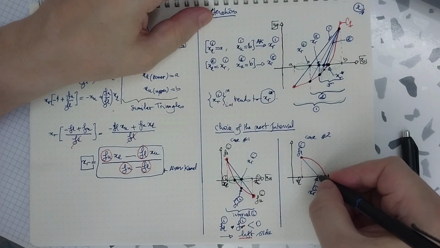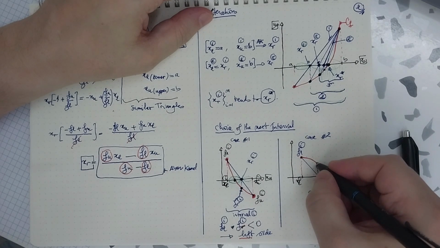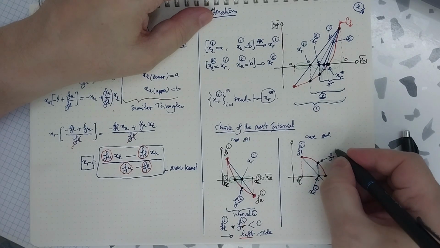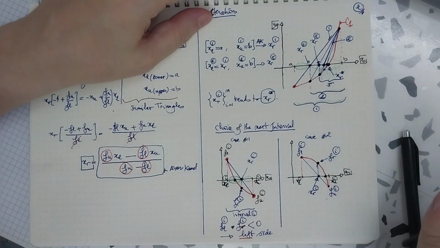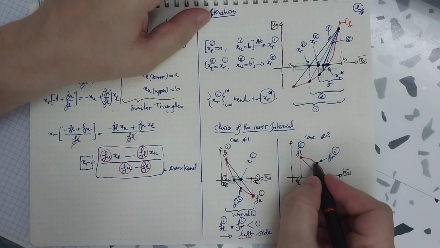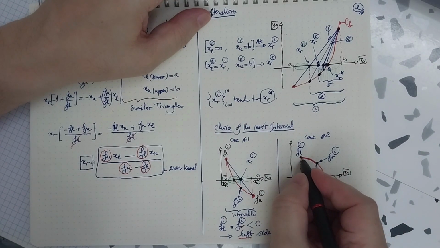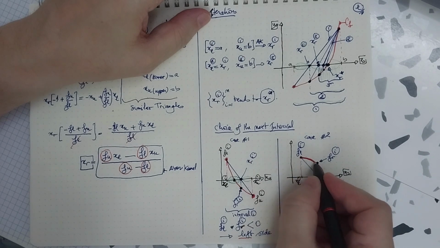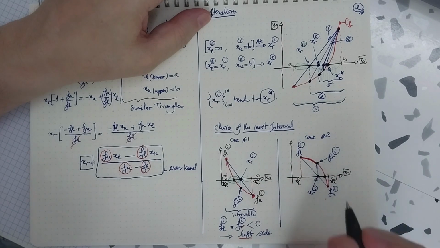And its image is here. This is FRI. So we can observe that that part of the curve, the arc here of the curve, does not cross the x-axis.